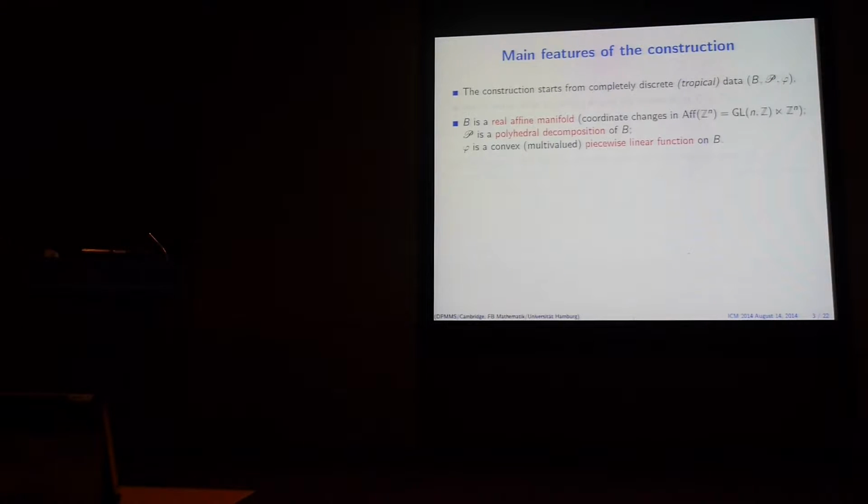Now it does. Okay, so let's talk about the main features of the construction. I mean, that just looks like a construction. Why is that interesting at all? So the first thing is it starts from completely discrete, you could say tropical data, if that term means anything to you. If not, just ignore it. So B is a triple, (B, P, phi). B is a real affine manifold.